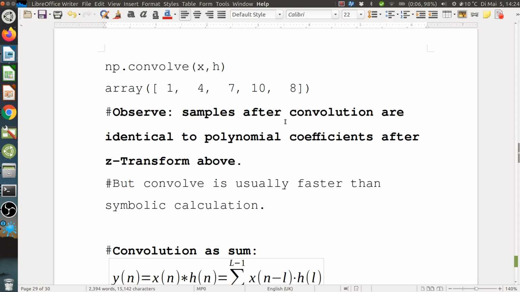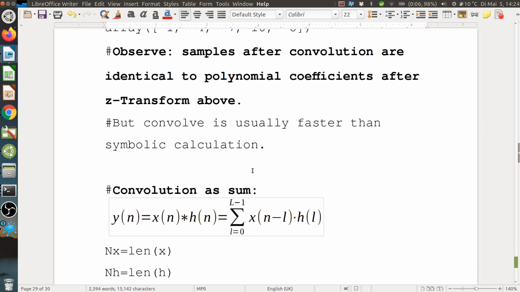So samples after convolution are identical to polynomial coefficients after the z transform above. But in our case, convolve is usually faster than the symbolic calculation. So the symbolic calculation in the z transform domain is good for symbolic calculations, but if you really have numbers, then usually convolve is faster.